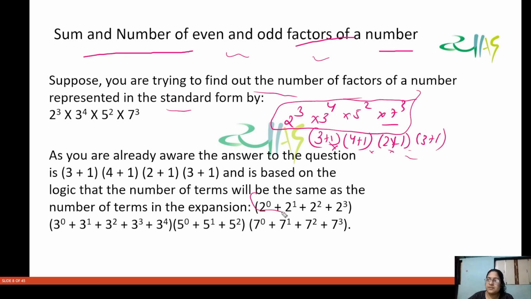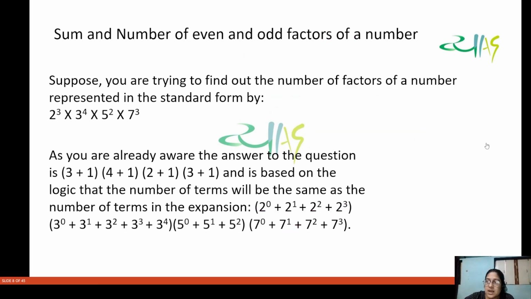For the sum of the factors, you will do the same thing that we did, 2 to the power 0, 2 to the power 1 and so on. Everybody must be familiar with this concept. Now what are we going to do if we want to know how many of the factors are even and how many are odd?